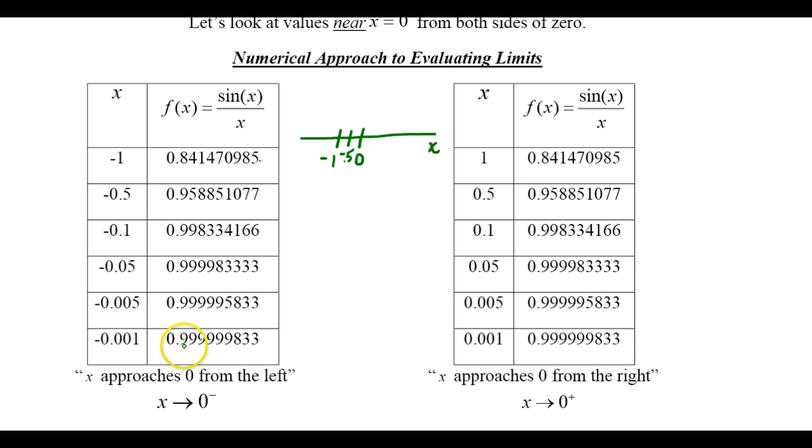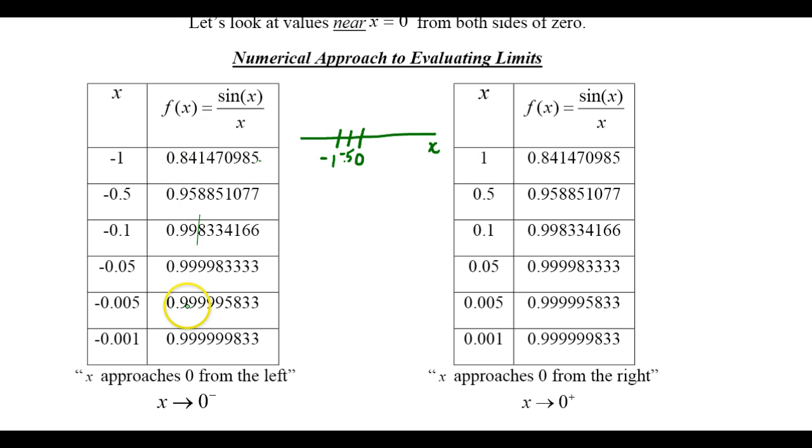As I continue to extend the 9s past the decimal, I'm getting closer and closer to 1. How we would read this is, x approaches 0 from the left-hand side. So as I approach 0 from the left, as x is approaching 0, it looks like the y values in this right column are getting closer to 1.